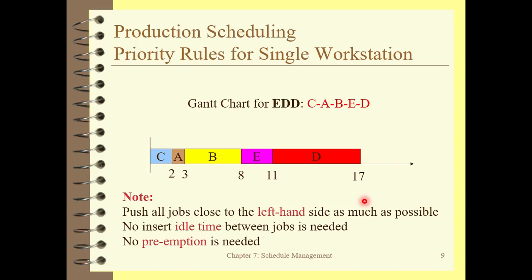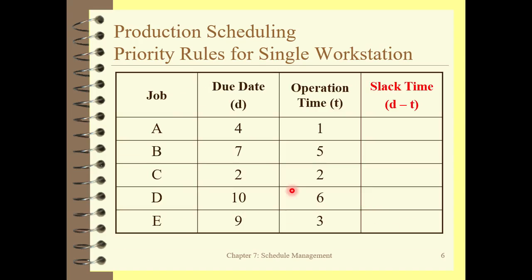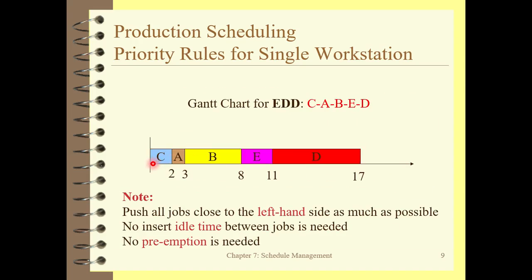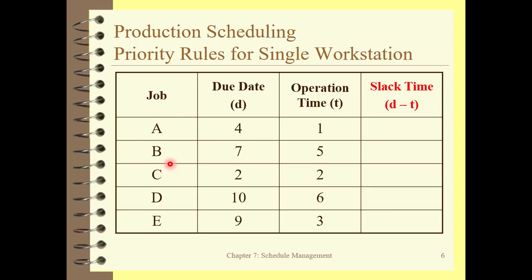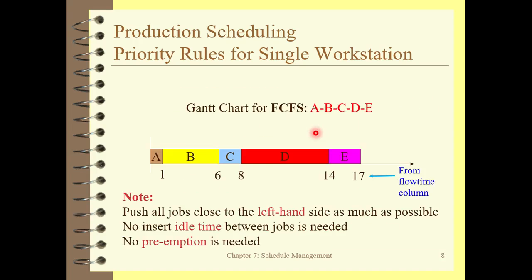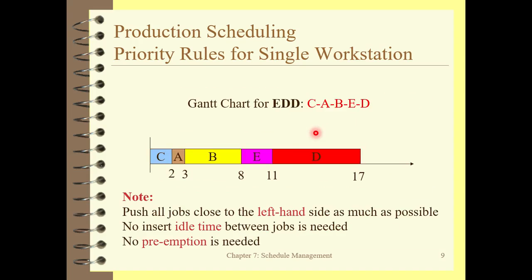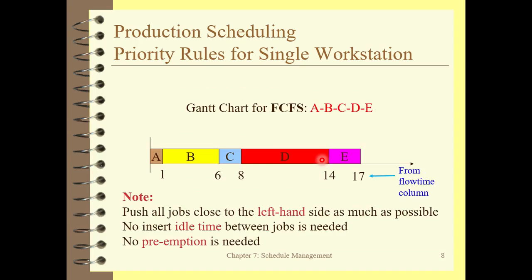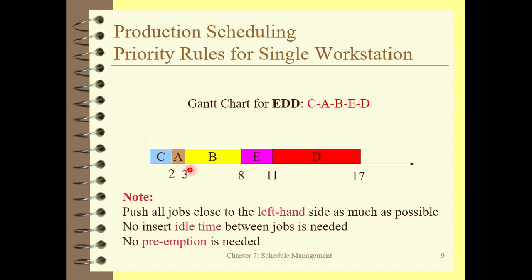Starting from C, C requires 2 time units. So 0 plus 2 is 2. And then A requires 1, here. 2 plus 1 is 3. B requires 5. 3 plus 5 is 8.